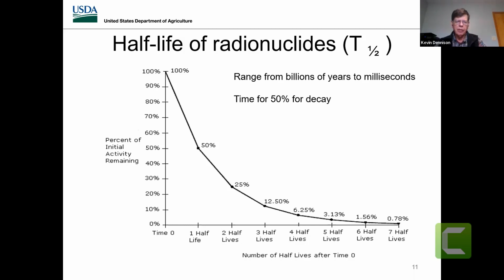But if a half-life brings it down 50%, by the time you get down to 7 half-lives, there's less than 1% of that radioactive material remaining in that original form. Like I said, sometimes you'll still have some radioactivity if they don't decay to a stable substance. And so it makes a huge difference when you're talking about something that has a half-life of a few days versus something that has a half-life of 20,000 years.